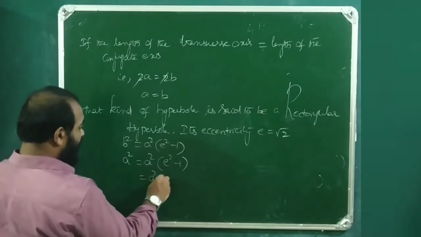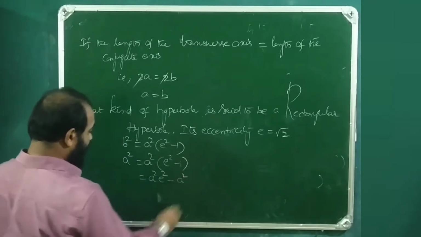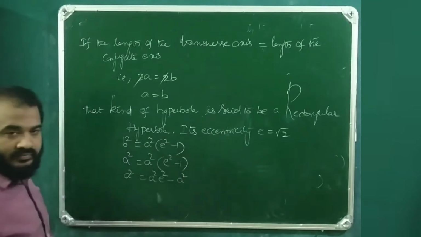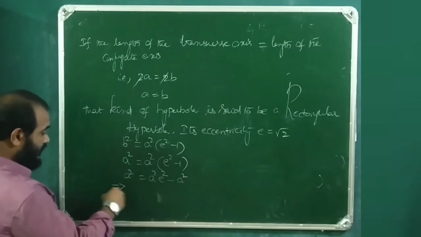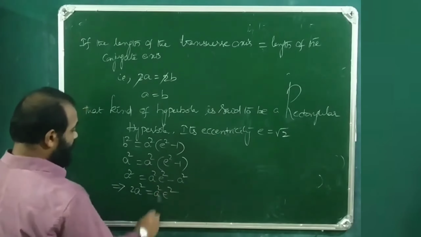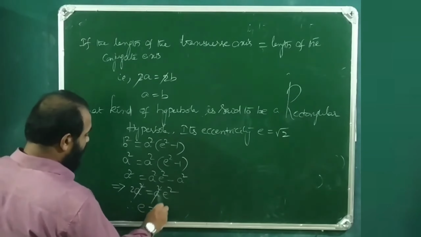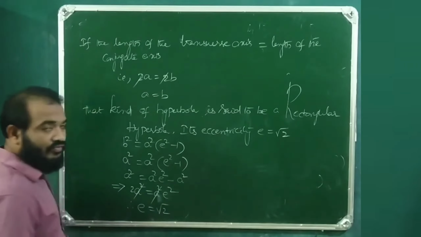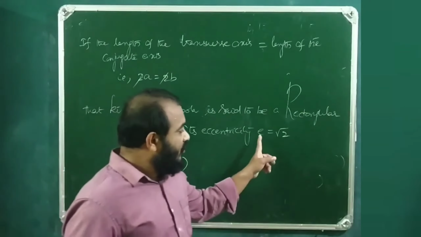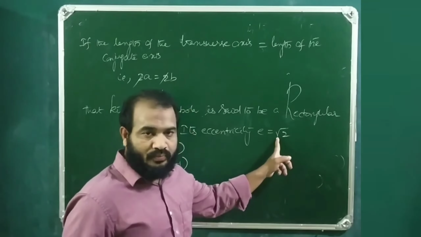So a square e square minus a square equals a square, so 2a square equals a square e square. a square gets cancelled, e square equals 2, e equals root 2. Therefore, the eccentricity of the rectangular hyperbola is root 2.